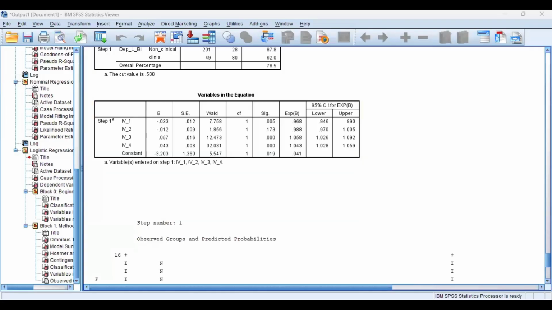And the odds ratio is significant if the confidence interval does not include a value of 1. Usually it's very consistent with the significance that you can see here.